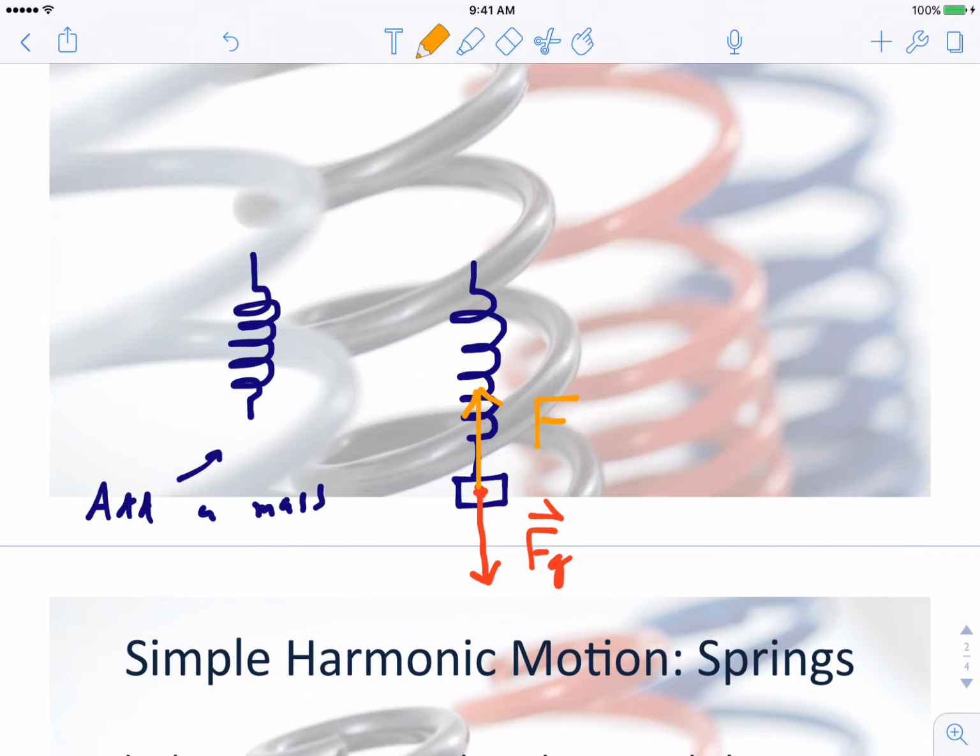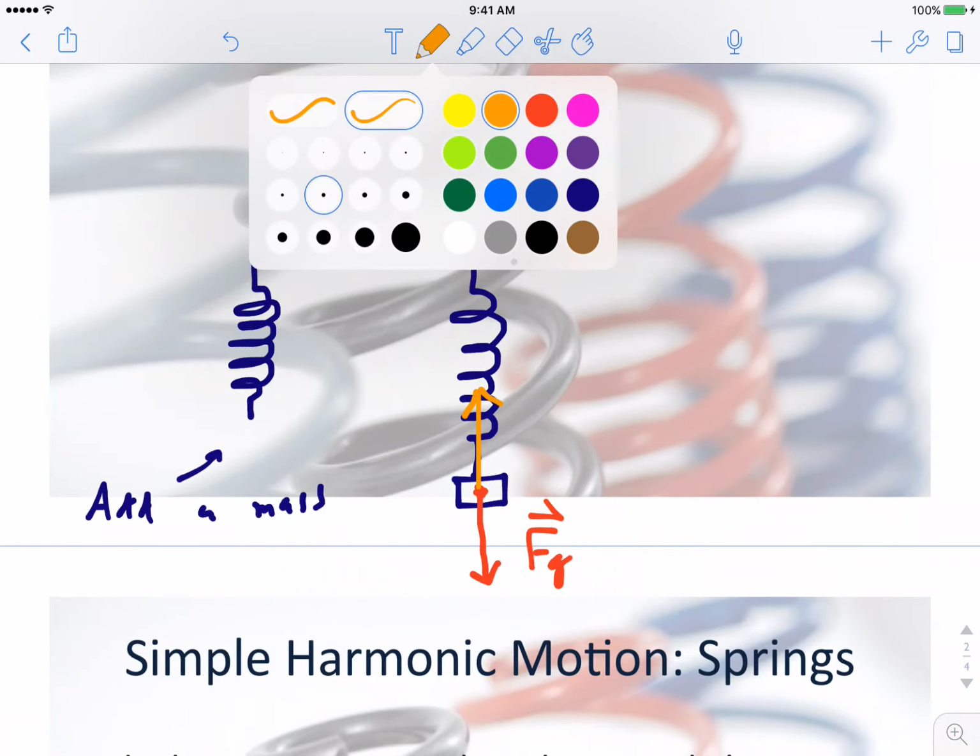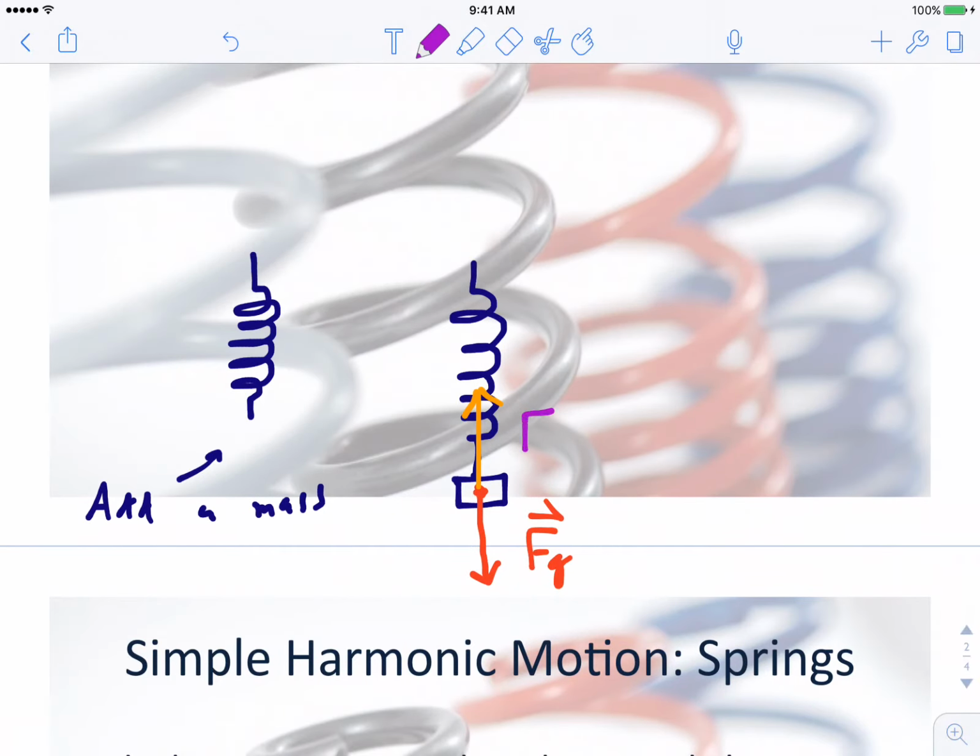And orange is a terrible color. Well, it's a great color, but terrible for seeing on this screen. So this is the force that a spring is going to exert on an object. So add that to your repertoire of forces.